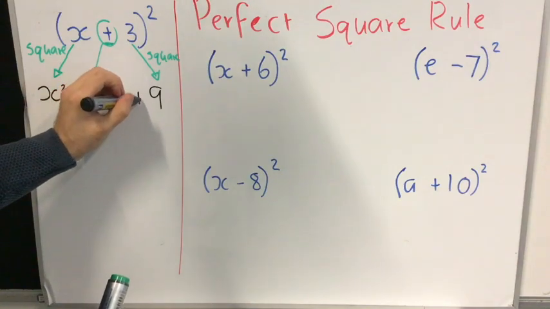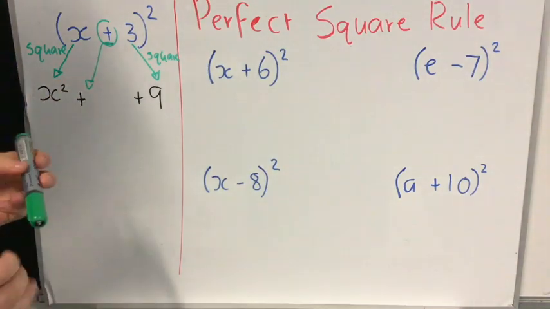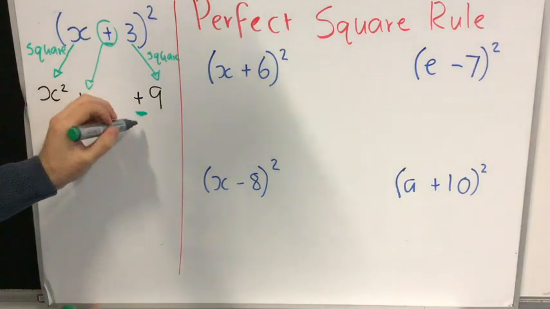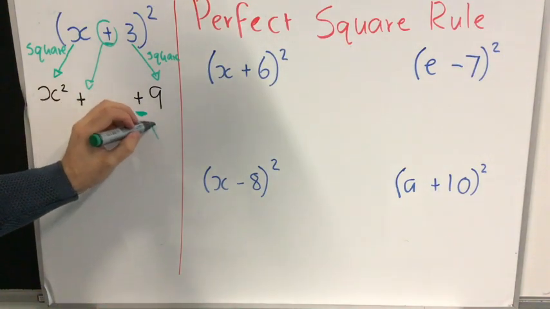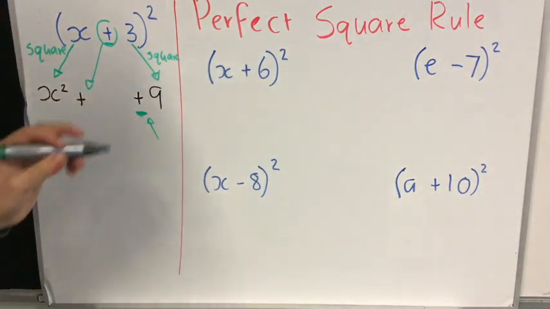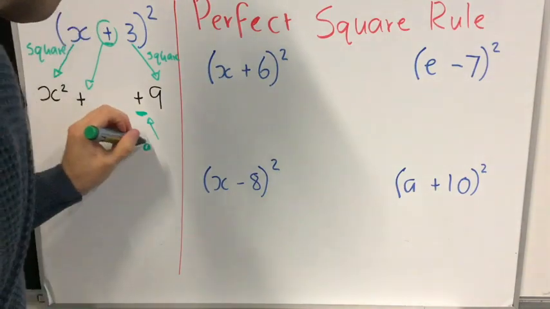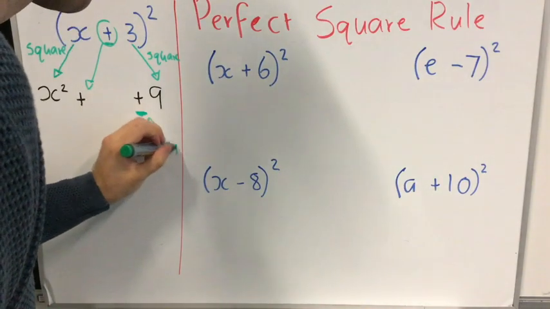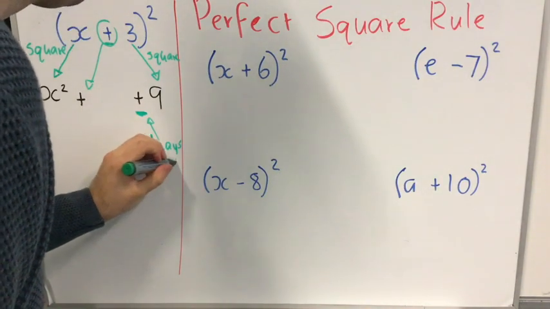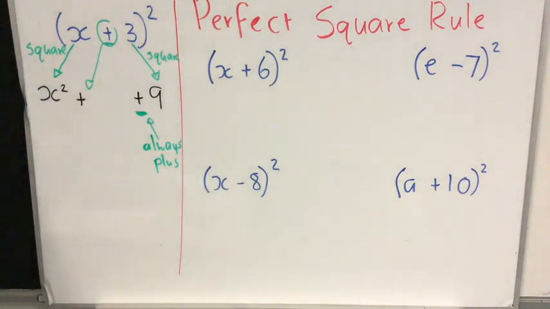Make yourself a note and make this stand out. That one there, that is always a plus, okay? That there is always, no matter what, always a plus. So you don't ever need to think about that one. You just know that you always put a plus sign there.